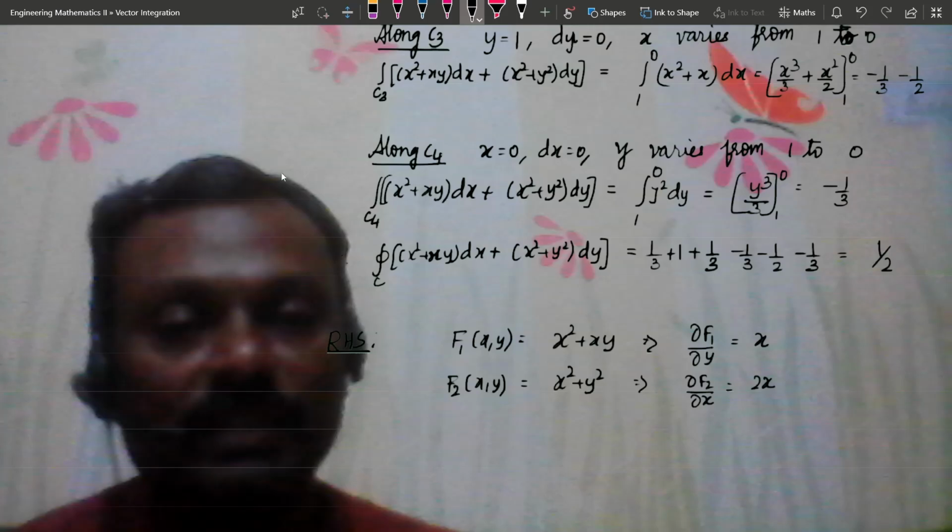and along the region, which is a square region, all the four limits are going to be constant. So x varies from 0 to 1 and y varies from 0 to 1. Here we have taken the horizontal strip, so dx is evaluated first and then dy.